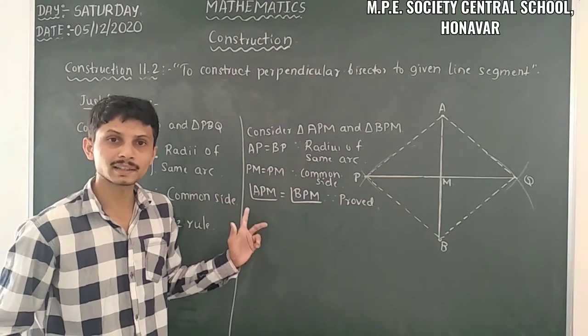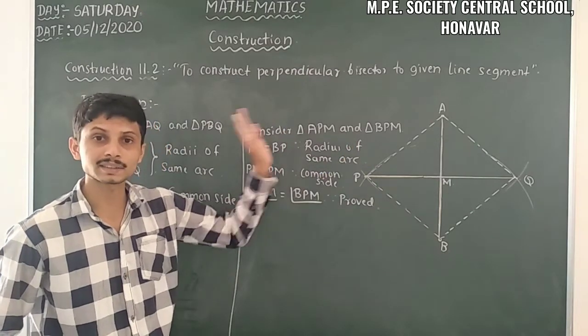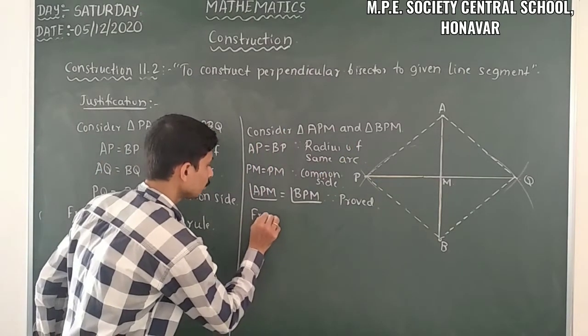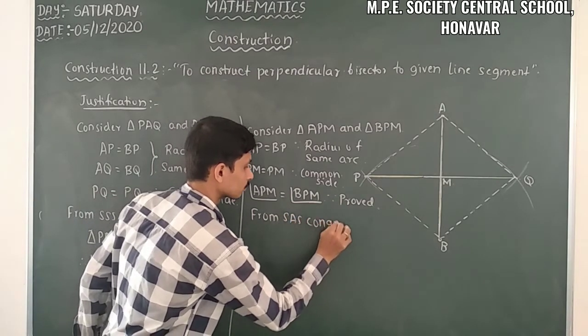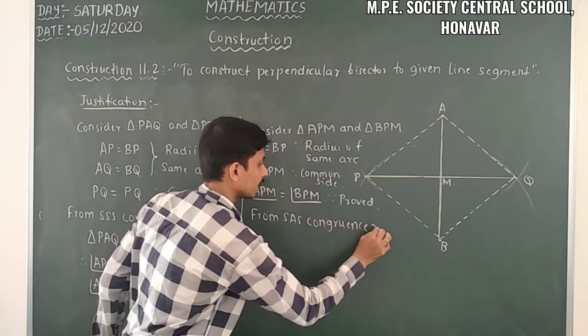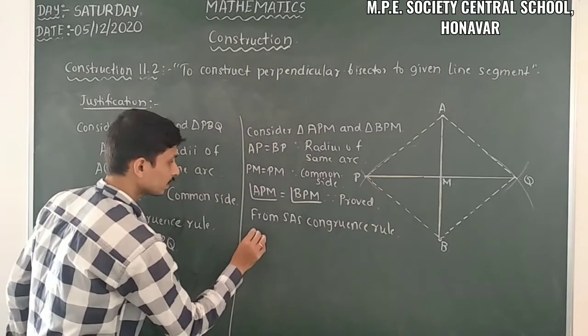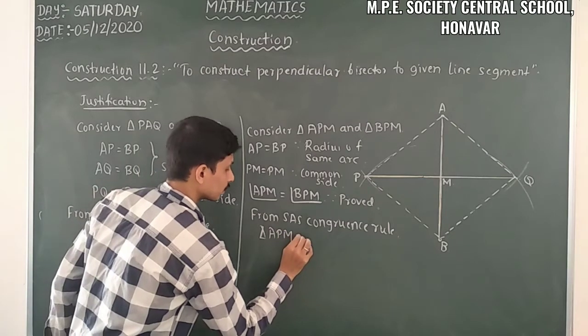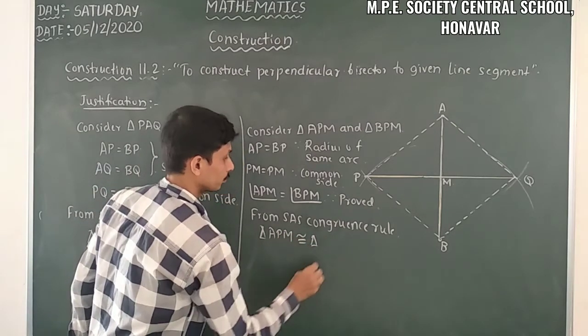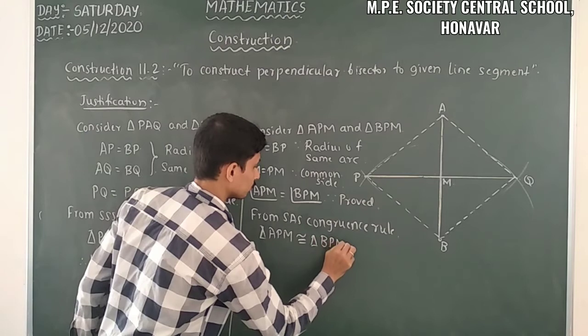So from the SAS congruence rule we can take those two triangles are congruent. That is, from the SAS congruence rule, triangle APM is congruent to triangle BPM.